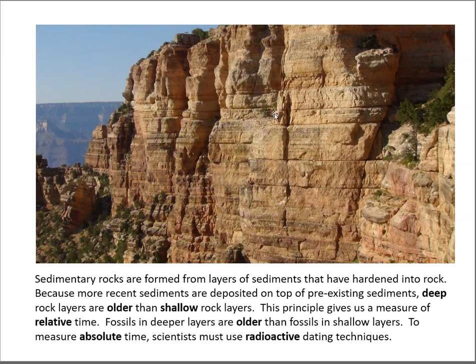And this principle gives us a measure of relative time. Fossils in deeper layers are older than fossils in shallow layers. Now, to measure absolute time, scientists must use radioactive dating techniques, but we're just going to look at the pattern of vertebrates found in these layers of sedimentary rock.